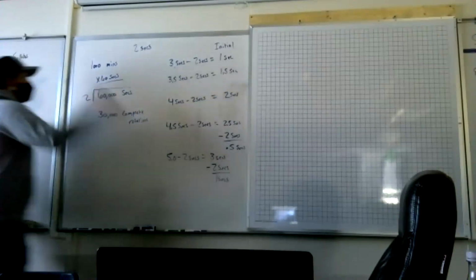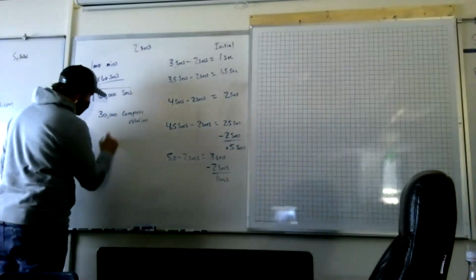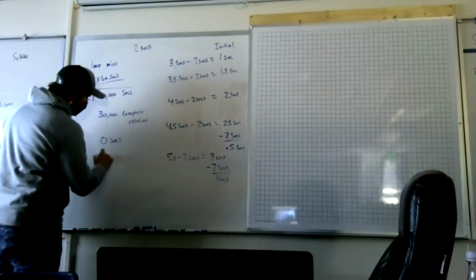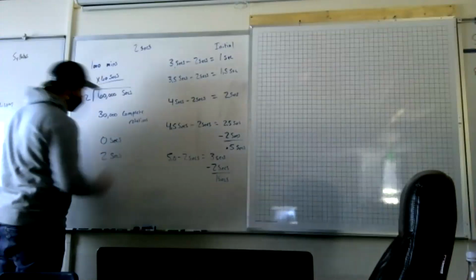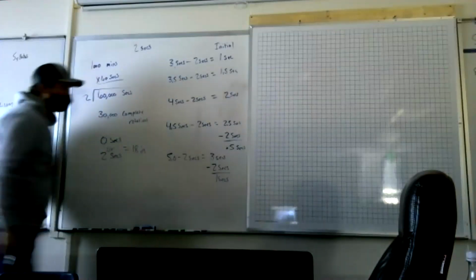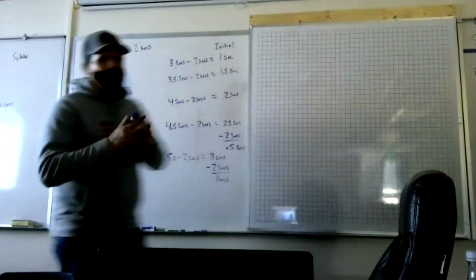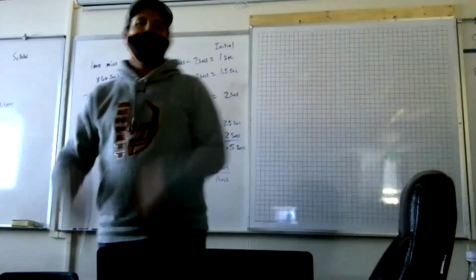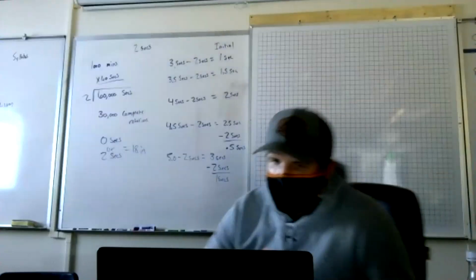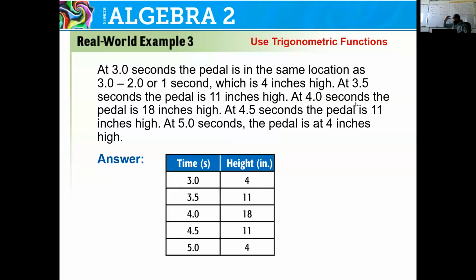Since it's a complete rotation, the pedal position would be where I started pedaling at 0 seconds, or when I first completed my first rotation at 2 seconds, which corresponds to 18 inches. It's cyclical. You can expand it as far as you'd like. You could do the same thing with 1,000,000 minutes, 2,000,000 minutes, it doesn't matter, because a periodic function repeats itself. It's the definition, it has to.